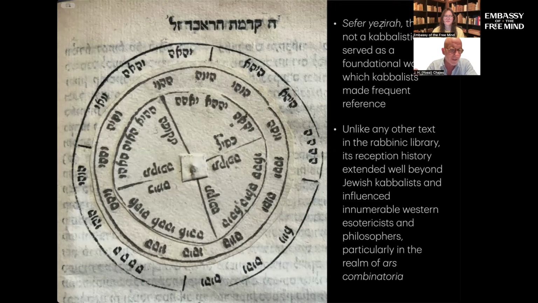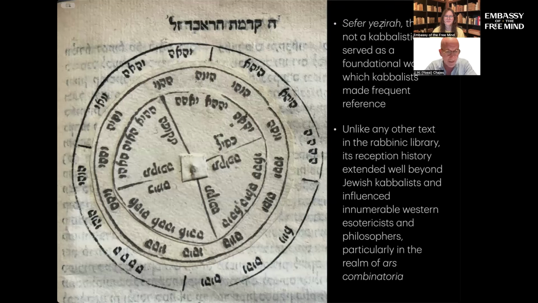I think I'm spending a little extra time on Sefer Yetzirah because this is a lecture for the Embassy of the Free Mind, and it is a work that had such a tremendous influence, not just on Jewish Kabbalah, but on Western esotericism, on Western philosophy more generally.